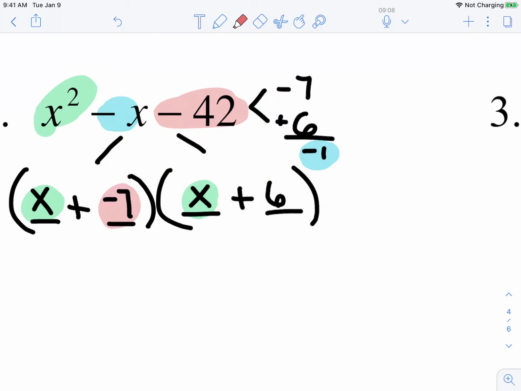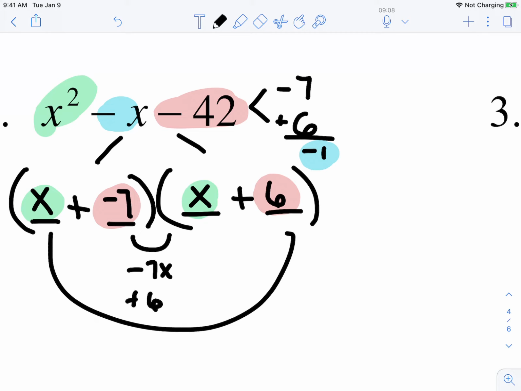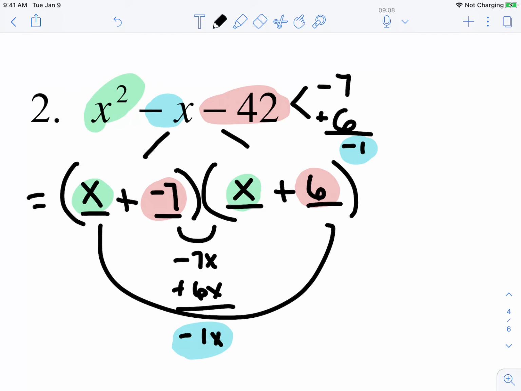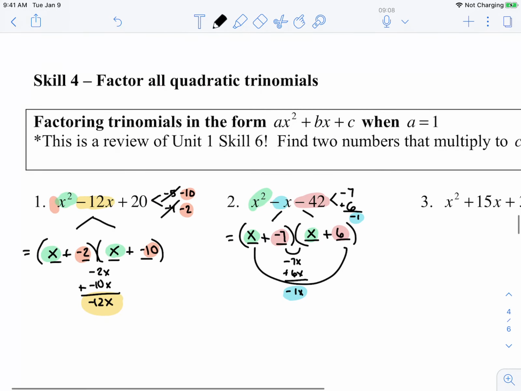Remember, when I multiply those two, they multiply to -42. When I go to check, I add these up, I get -1x, and that is my middle term. So that is my factored trinomial.